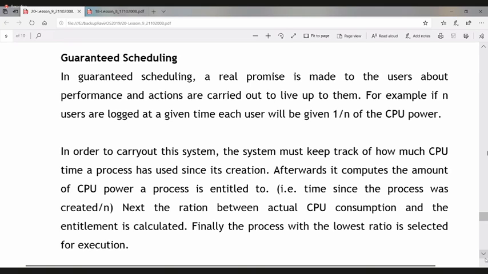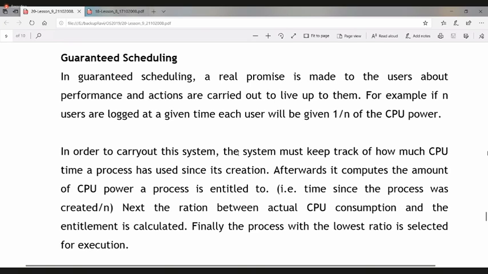For example, if n users are logged in at a given time, each user will be given 1 divided by n of the CPU power. Right? So if you have one CPU and 10 jobs entered in the queue, you can give 1 over 10 of the CPU time to each process. So this is known as guaranteed scheduling.